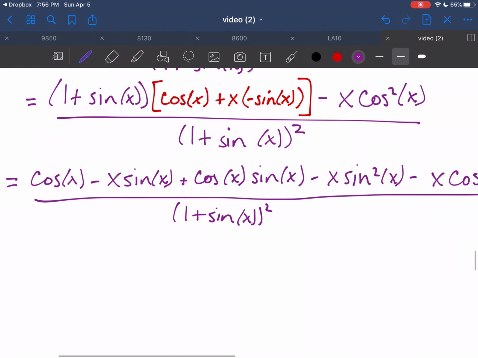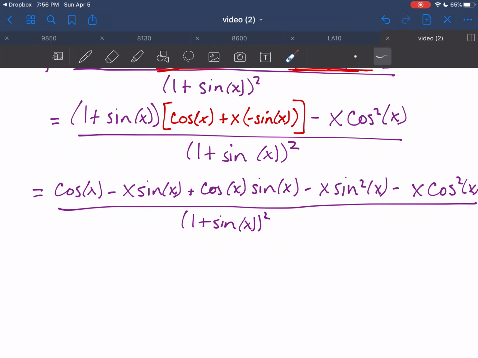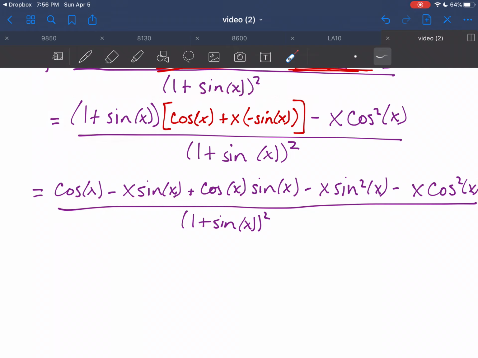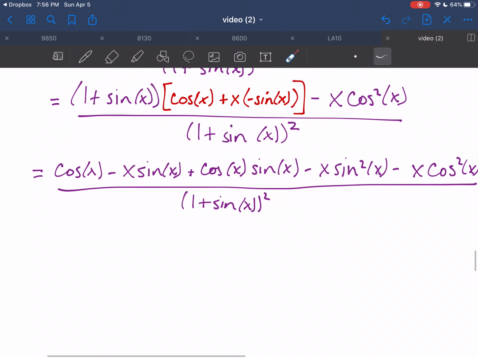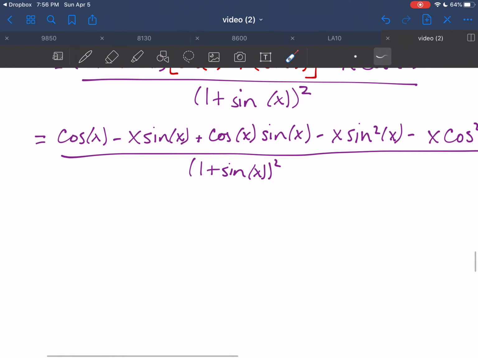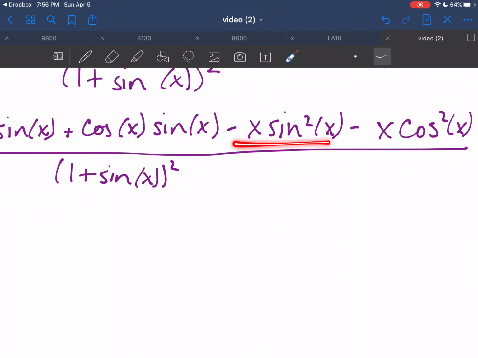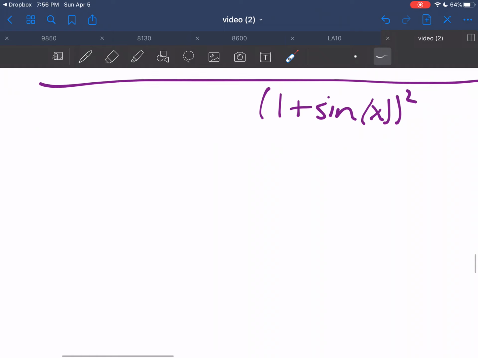Okay, so all I did was multiply these two pieces, which gives me all of these terms, just like you would if you were multiplying a plus b times c plus d. Okay, same FOIL. Alright, and then we see we've got an x times sine squared minus an x times cosine squared, so we can factor out a negative x, and that'll knock that down to 1.